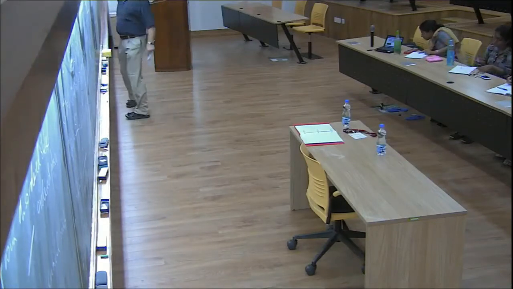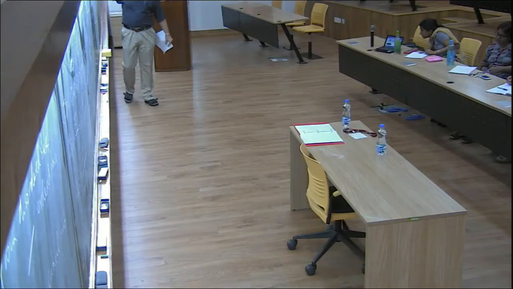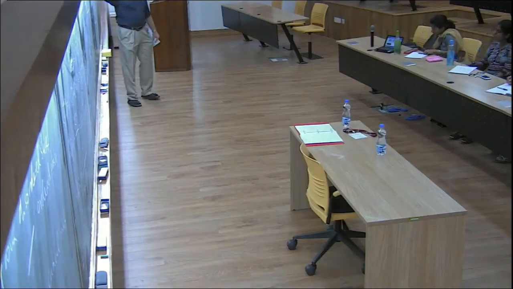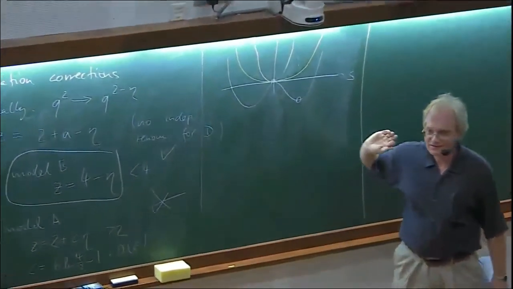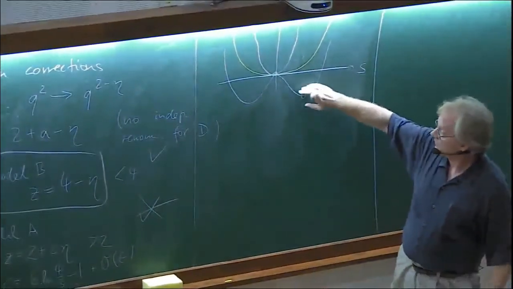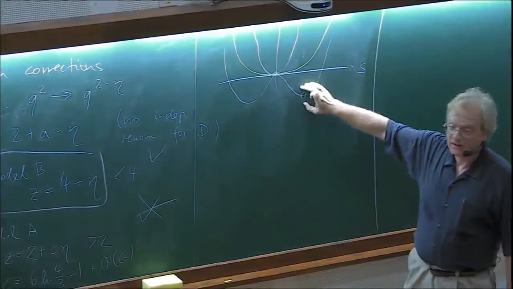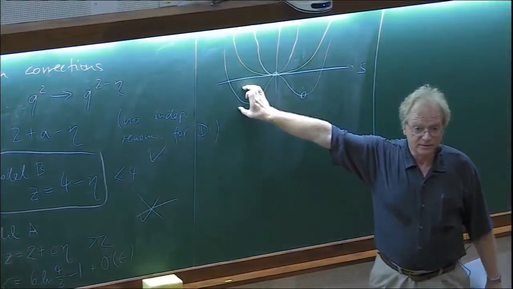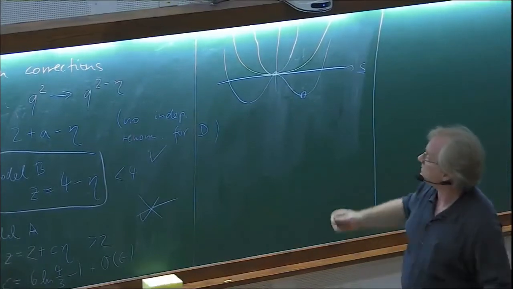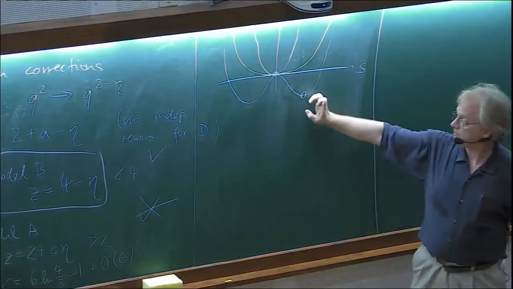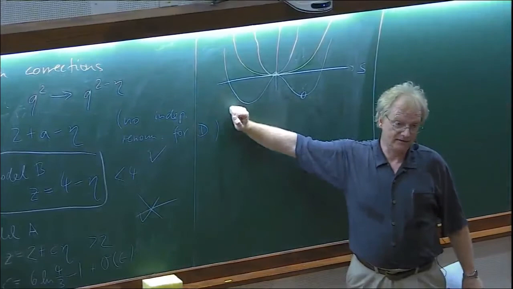Now, naively, you might think if I quench from the disordered to the ordered phase, I just get relaxation on the time scale down here. No, it's more difficult, because some parts of my system will be quenched to this minimum, other parts will be quenched to this minimum. So I get a spatially inhomogeneous configuration where I might get some domains in an Ising magnet that are spin up, and some domains that are spin down.